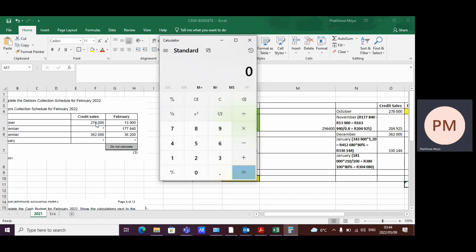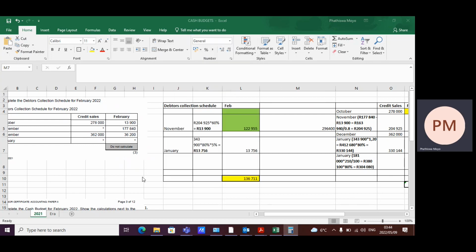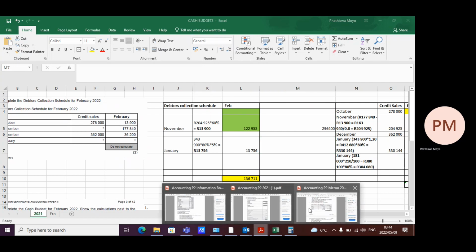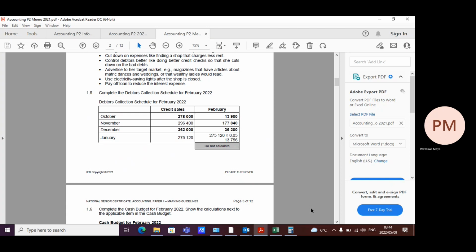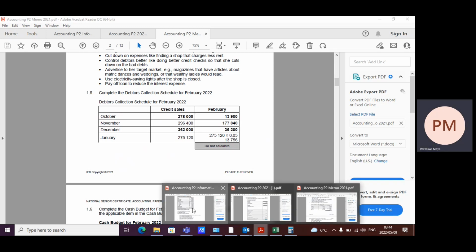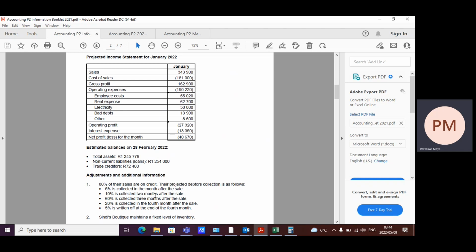We said 5% of October will be collected in November. 10% will be collected in January.